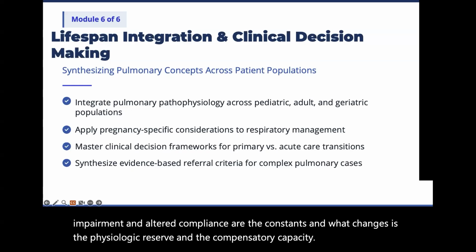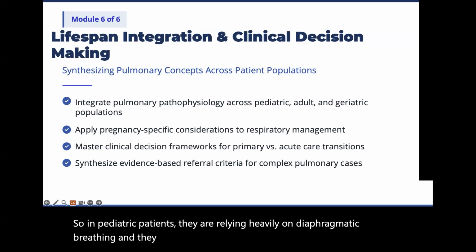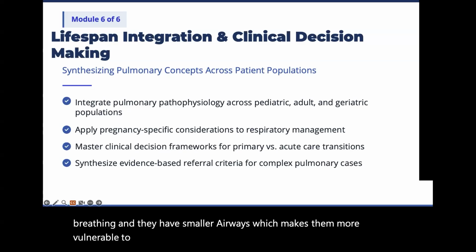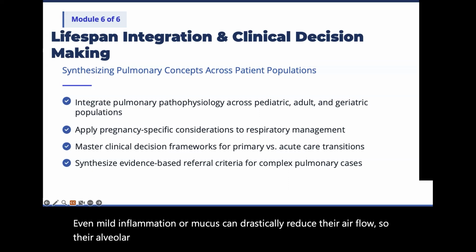Pediatric patients rely heavily on diaphragmatic breathing, and they have smaller airways, which makes them more vulnerable to obstruction and fatigue. Even mild inflammation or mucus can drastically reduce their airflow. Their alveolar surface area is still developing, so gas exchange deficits can escalate very quickly.